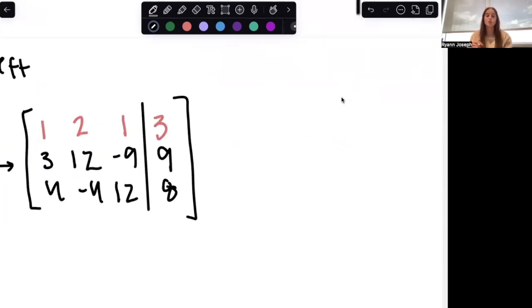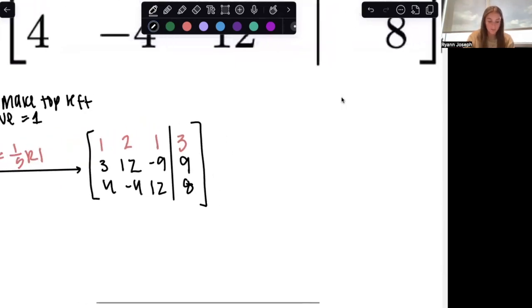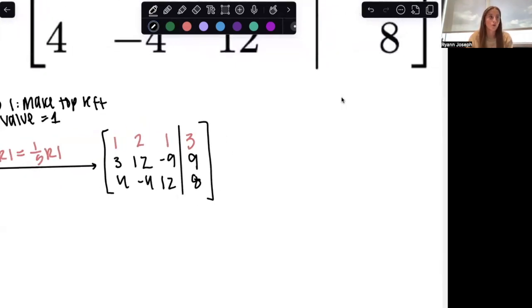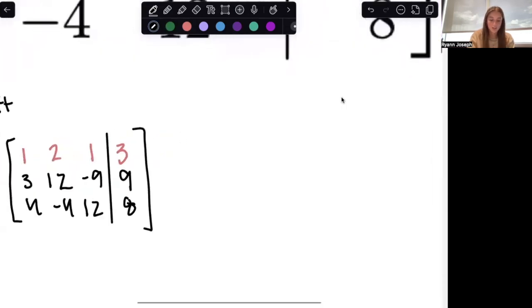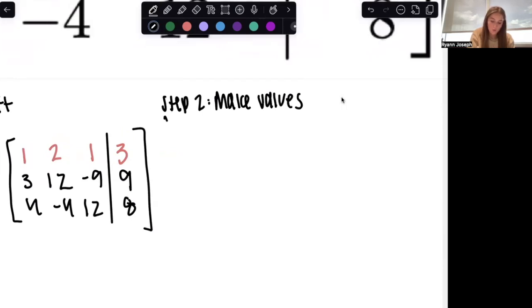I personally recommend that when you're doing your operation, you write everything that's not changing first, and then change the values. I feel like that reduces error, trying to reduce algebraic mistakes as much as possible. Okay, now that I made this leading 1, step 2: make values below 1 equal to 0.